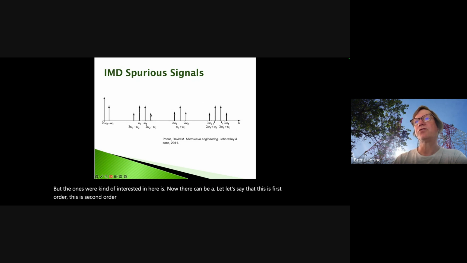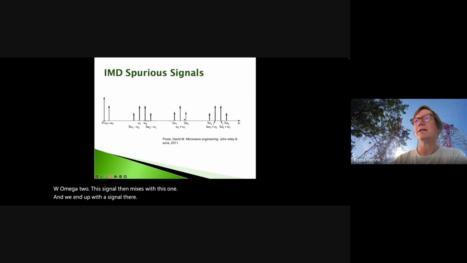Then we can have a third order effect where, let's say, we have a doubling of omega 1 here, right? But then omega 2, this signal then mixes with this one, and we end up with a signal there, right?